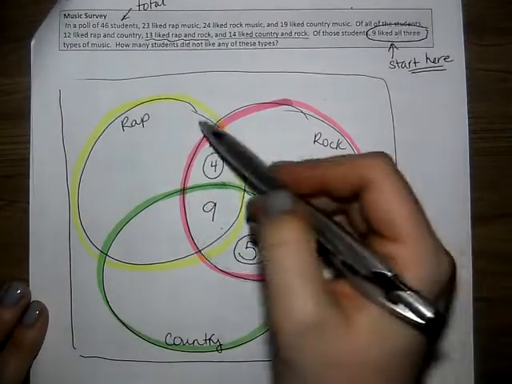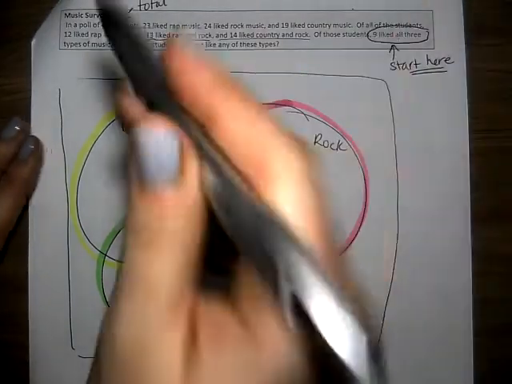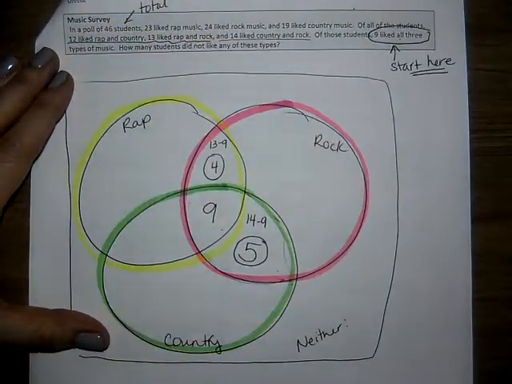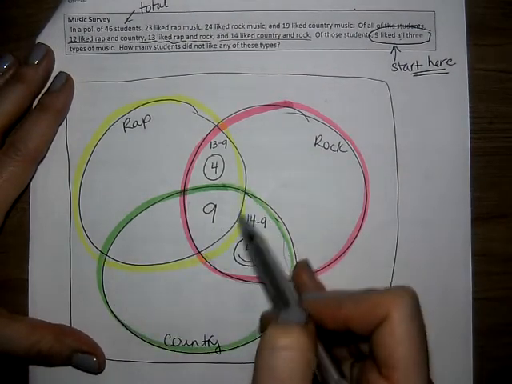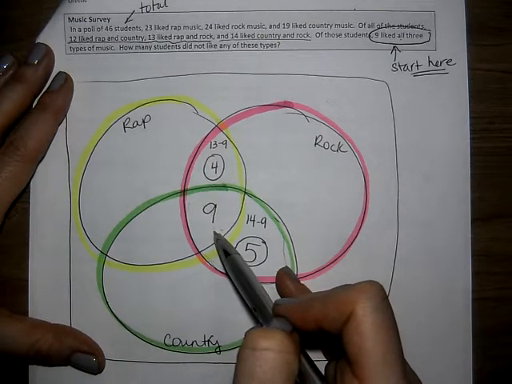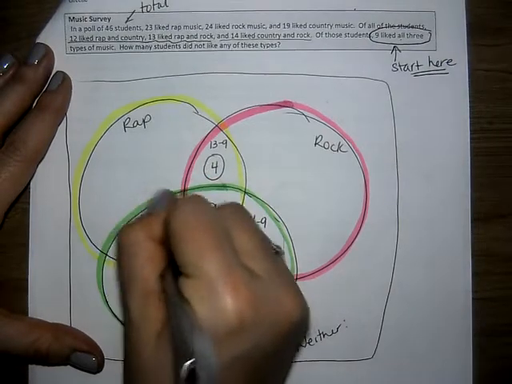Total, there were 13, but 9 liked all 3. So then I step out again. 12 liked rap and country. Same idea. So here's the rap and country almond. 12 total should be there. I already have 9, so I subtract those. 12 minus 9 gives me a total of 3.